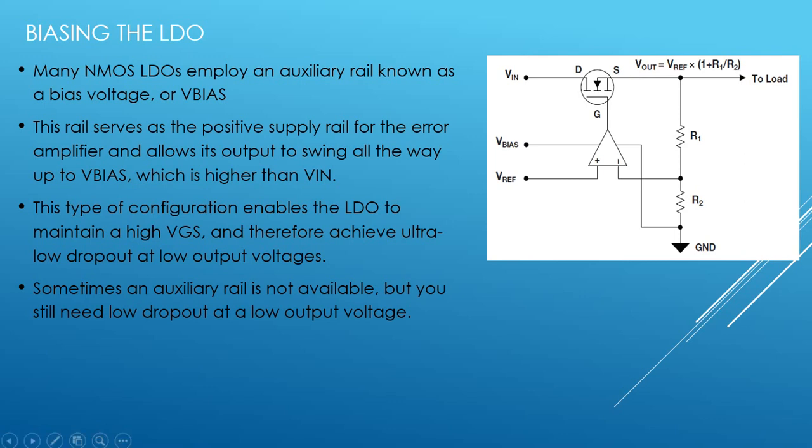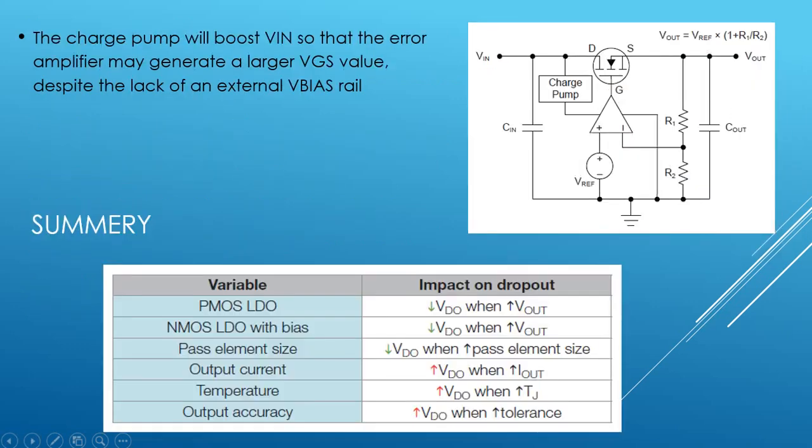In that case we always get a low dropout, so we get low dissipation and a proper output, and the heat dissipation is less, so it does not affect other ICs.